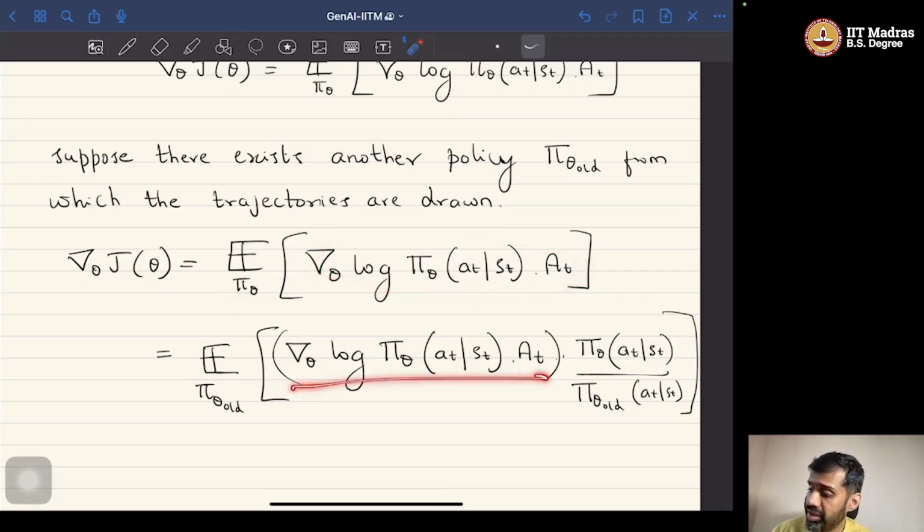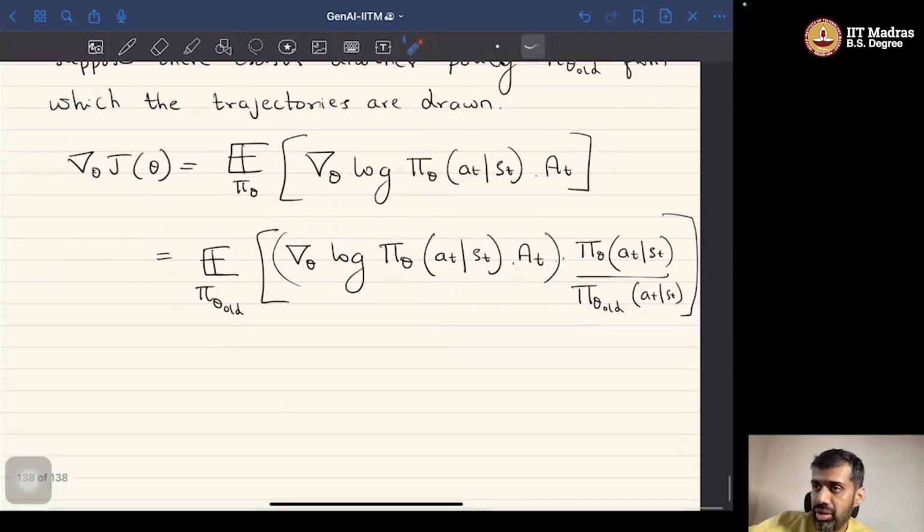Now take this function, multiply it with the ratio of the previous distribution and the new distribution. The outer expectation is now with respect to the new distribution, which in our case is pi theta old. Okay. Now this can further be reduced to a very interesting form.